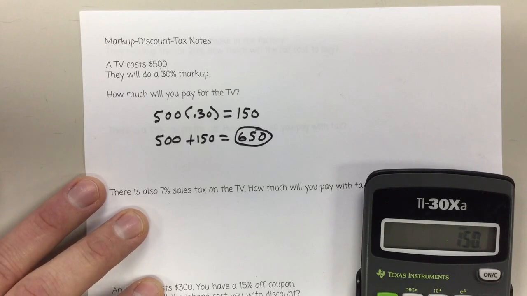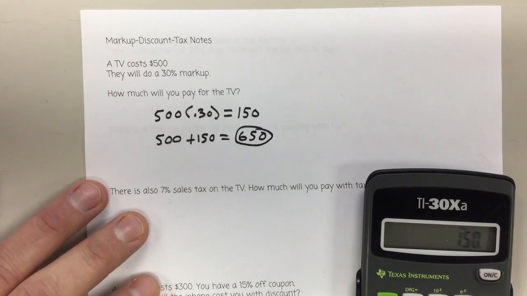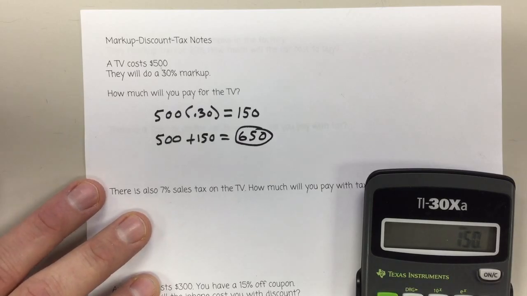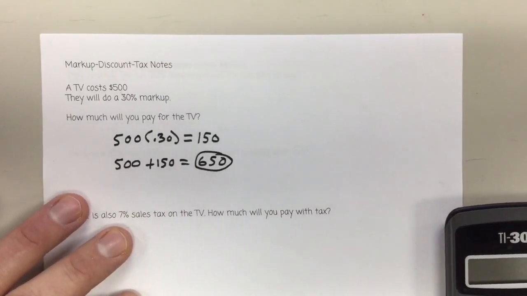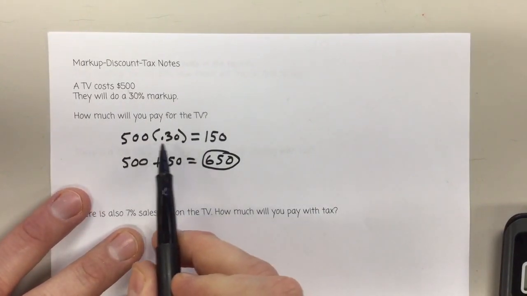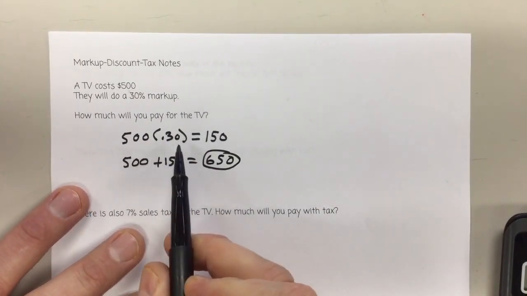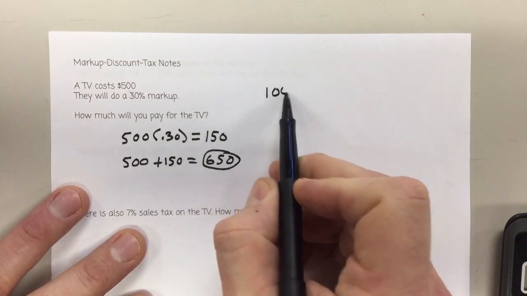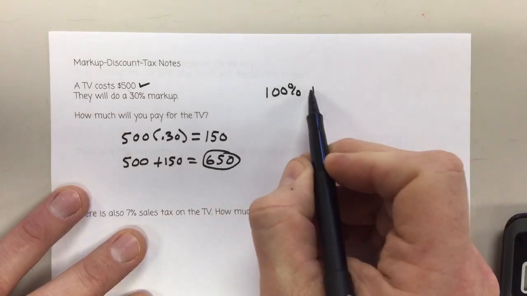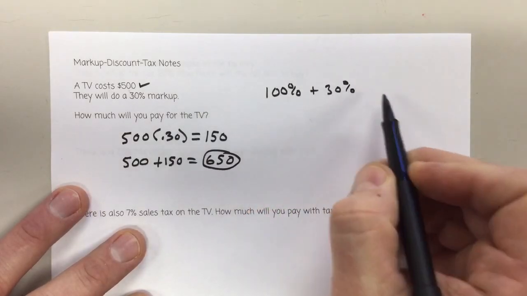Okay, and some items out in the world are marked up 100%, which means you're basically paying double what it costs them to make it. And electronics are one of those that can have heavy markups. Another way to do this problem, instead of multiplying 500 by 30%, is realize that you're going to pay 100%, which is 500, plus 30 more percent of the cost.